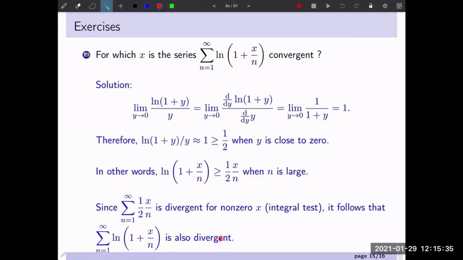So the answer would be: divergent when x is not equal to 0, convergent when x equals 0. When x equals 0, every term would be 0, so the series would be convergent.